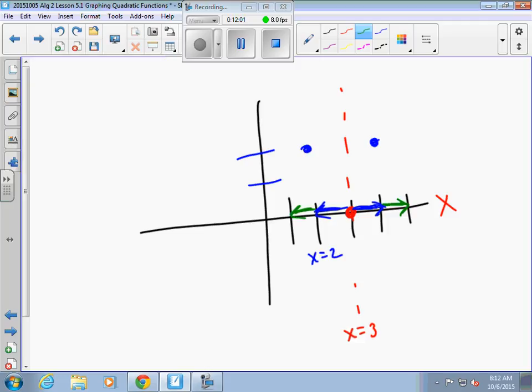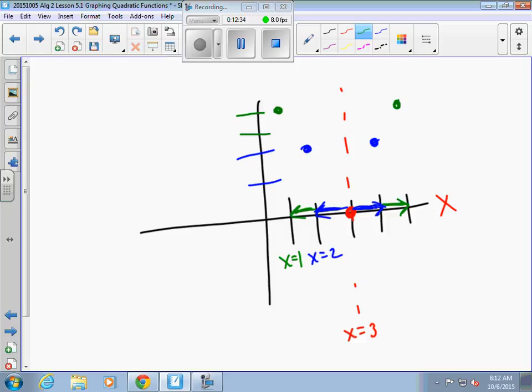Which one's easier to multiply by? 1 is typically much, much easier. So use X is 1. And when you run through the equation one more time, you're going to get another point for X is 1. And remember, it's exactly the same when X is 5. That's what I mean by shifting to the left or shifting to the right. And once you have 5 points, you can draw your parabola through them.